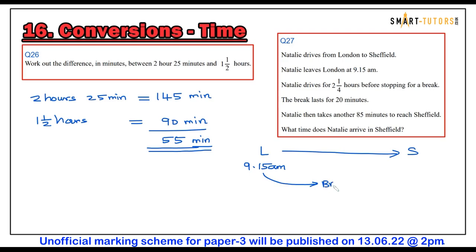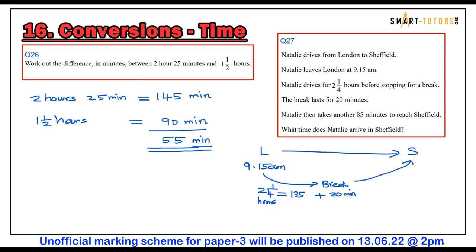The break lasts for 20 minutes. She already traveled 2.25 hours. So 2.25 hours means 2 hours is 120, quarter hour means 15. So 120 plus 15, 135, plus 20. Then what happens?